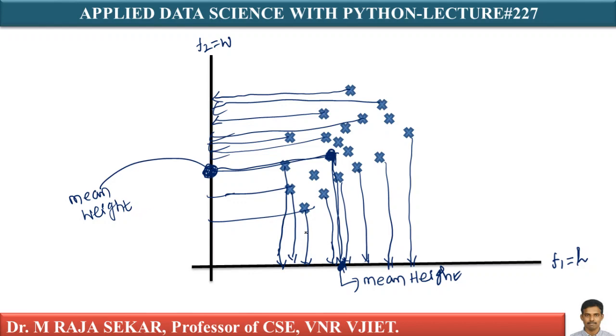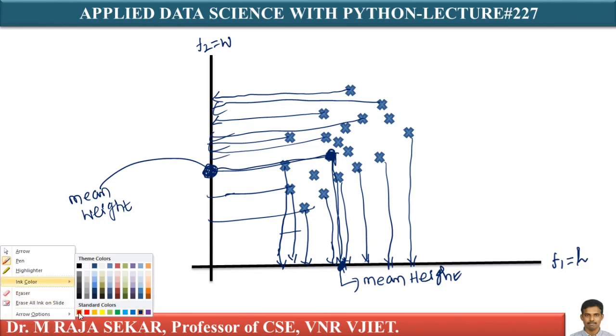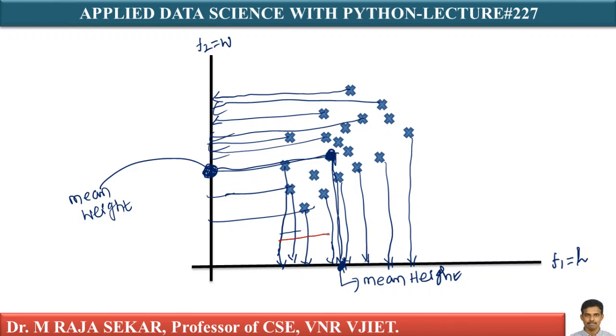Then what about the variance? This portion is known as variance. Variance on which axis? On the x-axis, or I can say variance on the height axis.